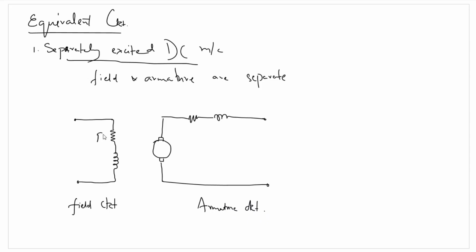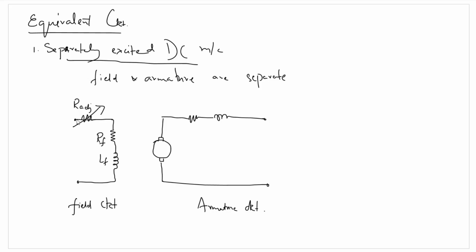The field windings will have their own resistance RF. Associated with the field winding will also be the inductance LF. We can also introduce an additional resistance that can be adjustable externally to this field circuit so that we can control the magnitude of current flowing in this field circuit.